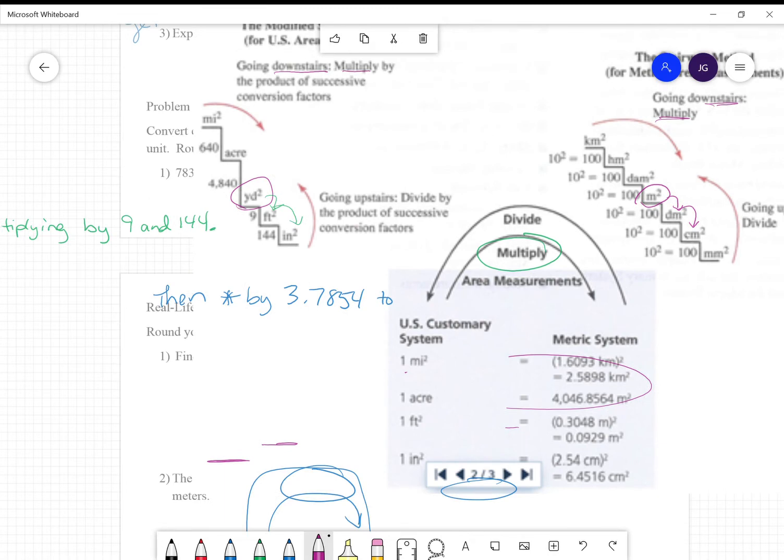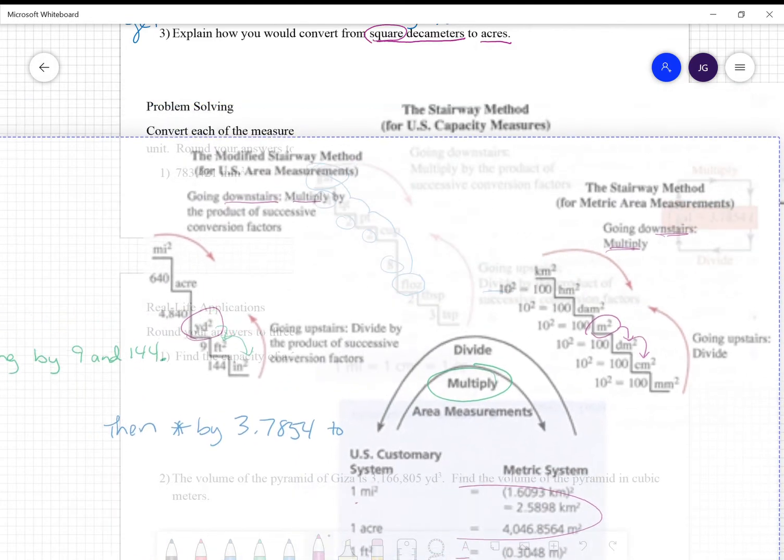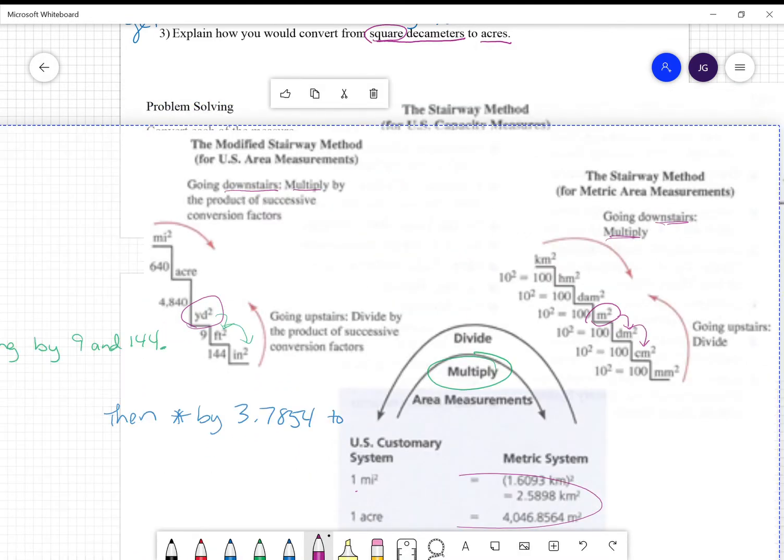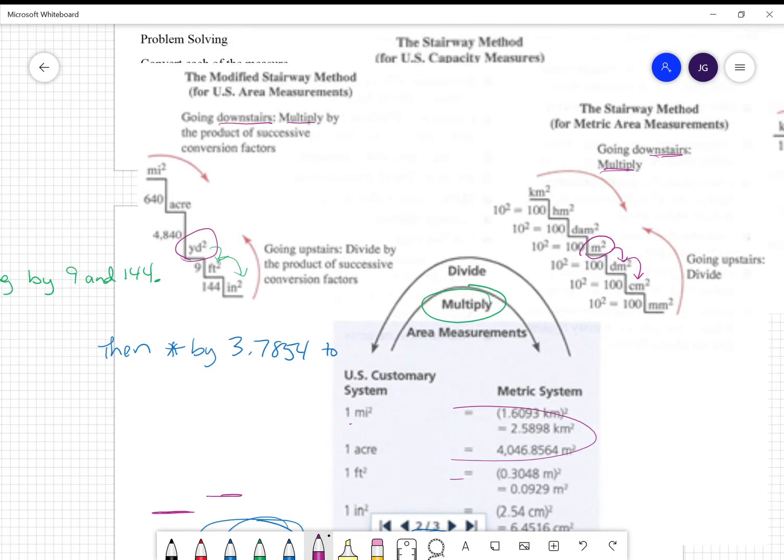Having trouble getting this sized. Okay, so square decameters to acres. Okay, well, acres is on here. I'm doing this in purple. Acres is on here. Let me get rid of some of this other printing, sorry.